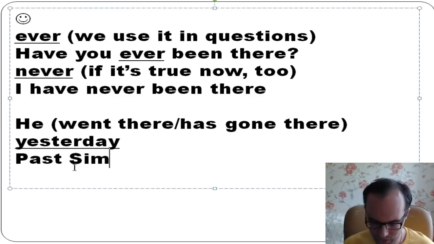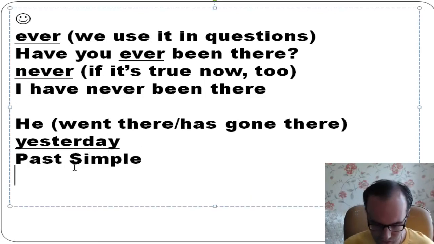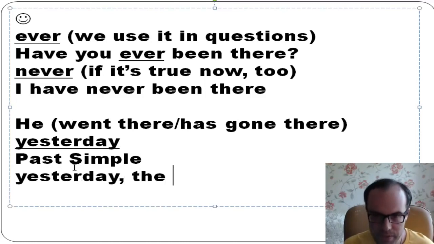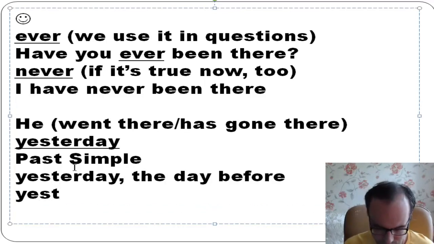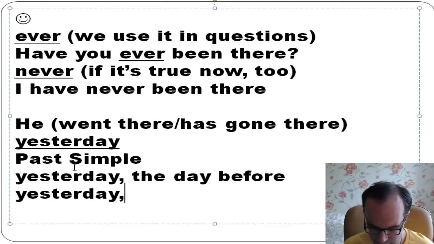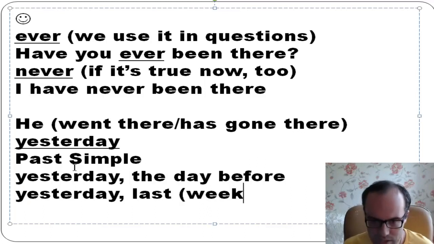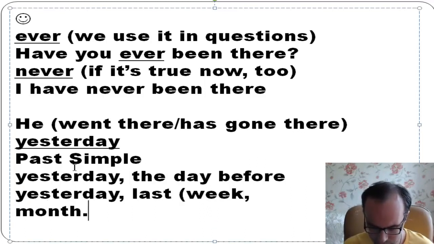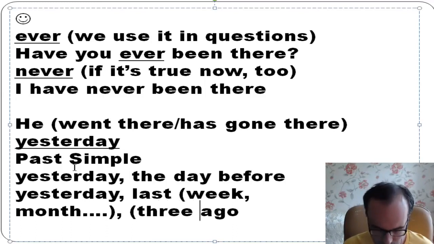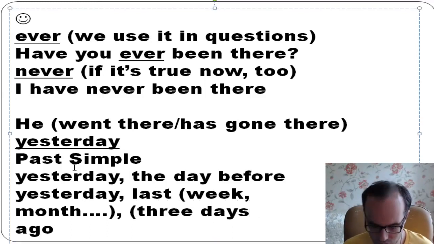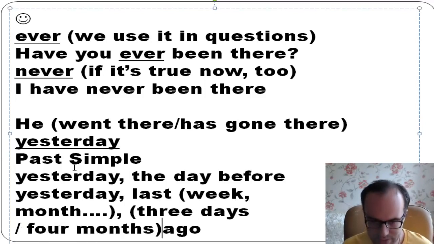If we are talking about past simple, such words as yesterday, the day before yesterday, different variants with last week, last month, and so on, and different variants with ago. For example, 3 days ago, 4 months ago, and so on.